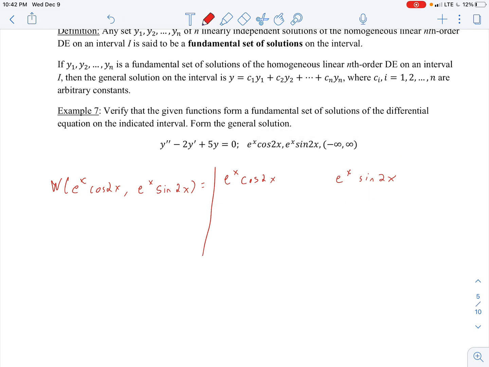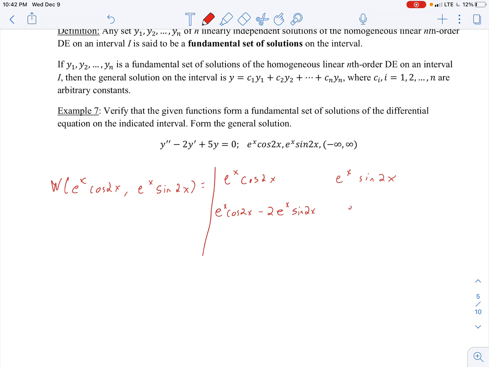That's good. All right, so now let's take the derivative of e to the x cosine 2x. It's going to be a product rule. So derivative of the first is e to the x times cosine 2x. Derivative of cosine 2x is going to be minus 2 e to the x sine 2x.